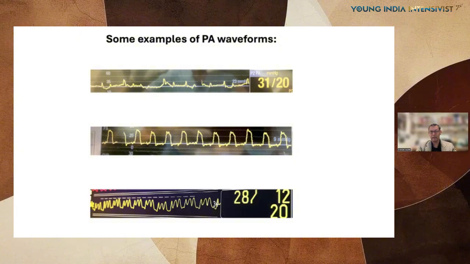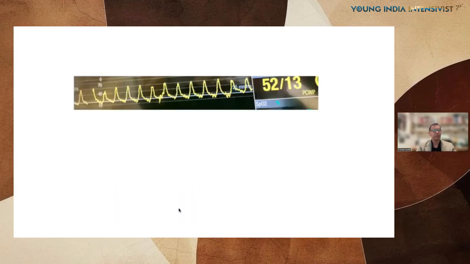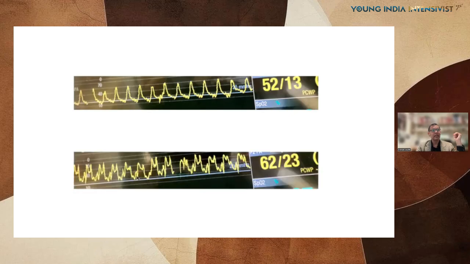One of the problems with saying that PA catheters are not effective and not using them is that fewer and fewer physicians are able to interpret PA waveforms well. If I just showed you this tracing, it wouldn't necessarily be unreasonable to say that this is a normal PA waveform. But this is actually the wedge of the patient. You can see that the V waves here are so high that they actually influence the PA arterial waveform.